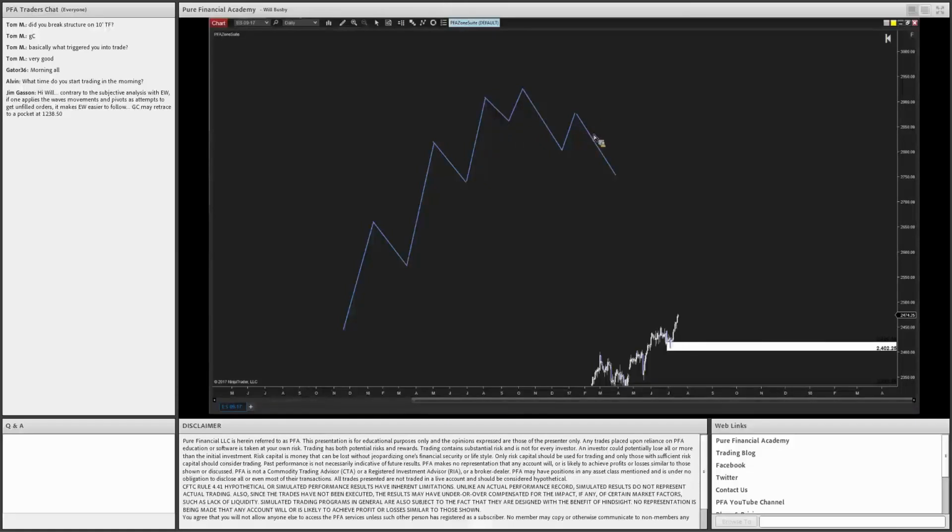Now with market structure, here's where it gets a little complicated, and hopefully I can simplify it even more. When you look at things like this, you're going to go, okay, but how many times have I seen this? And you're going to bounce up from this area right here. You're going to find demand, or what's left of demand, and this is about to be very important, guys.